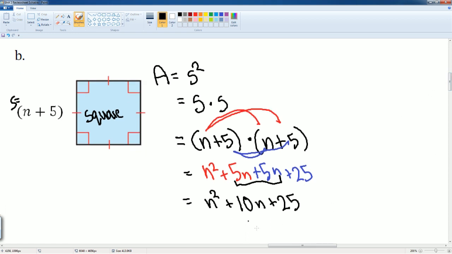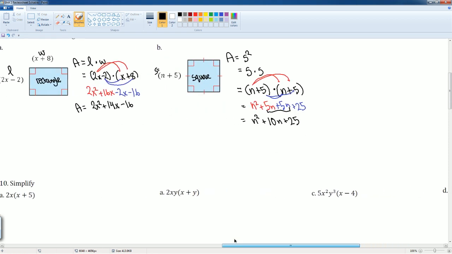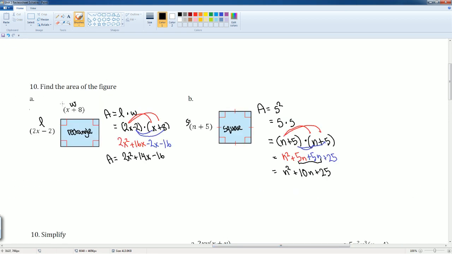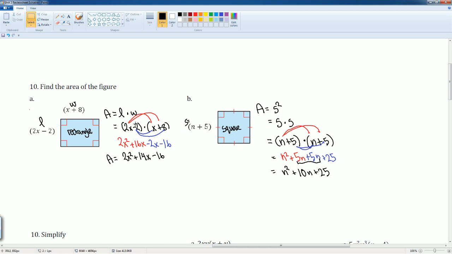I want you now to take a look at both A and B. The area of these two figures actually uses the same formula. In A, you use length times width, you would still get the same answer because the length and the width are actually the same for a square.